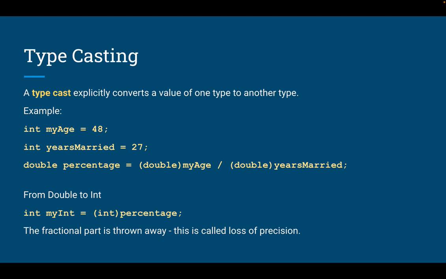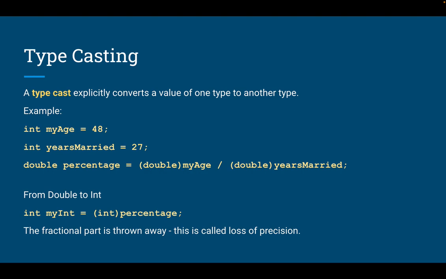Now this is okay sometimes with numbers. It's not okay when you try to do other types, because you can convert things to a lot of different types. And you have to be careful using this type of syntax. But here I convert my age into a double and the years married into a double. And so my age now becomes 48.0, and years married becomes 27.0 because I've typecasted them to a double.